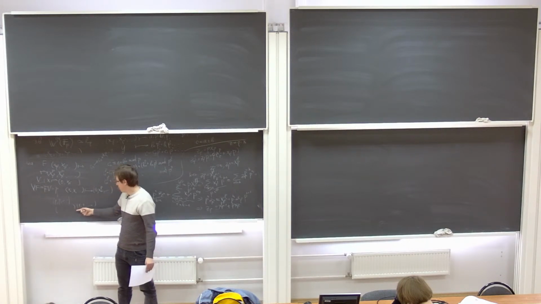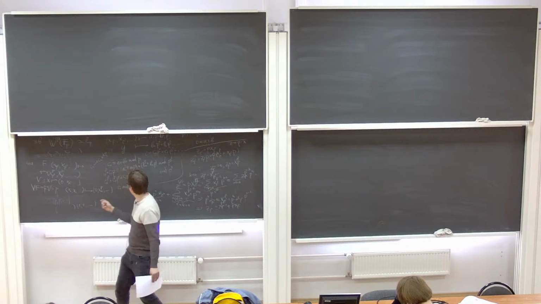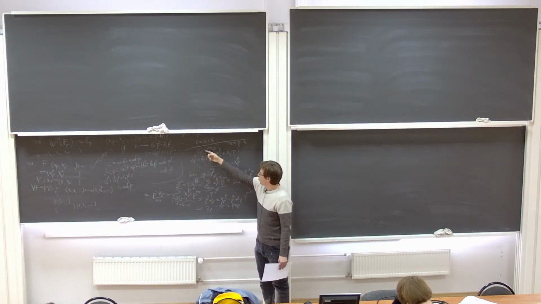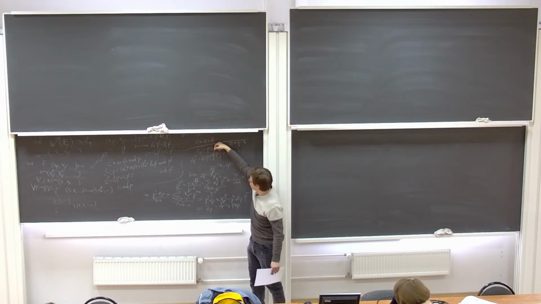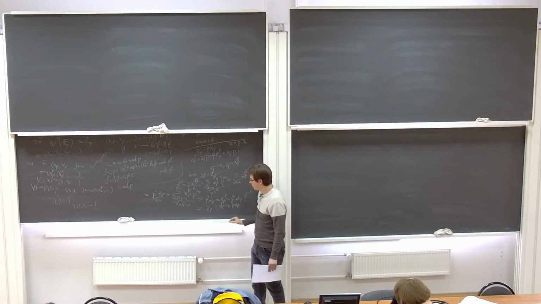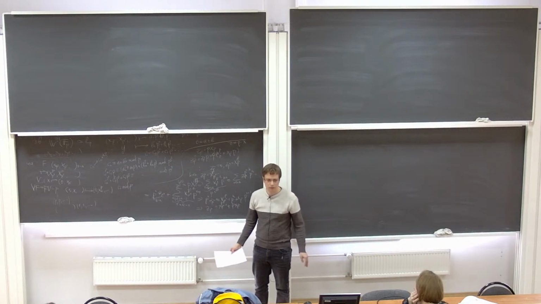So this is element... yes, these are ghost coordinates. Yes, and here these are equations for this system for ghost coordinates. So this is ghost coordinate multiplied. Okay, thank you.